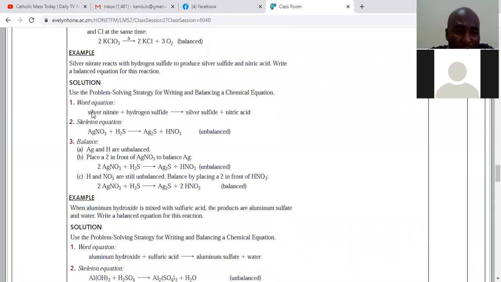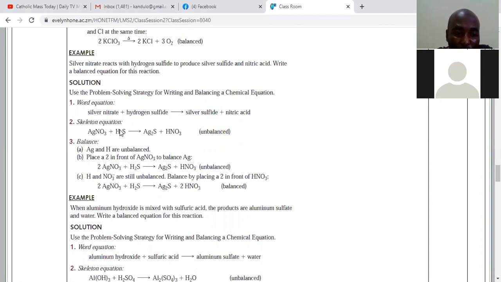So the next question, to balance silver nitrate and hydrogen sulfide. If gases, first you can even be given these two. This one is decomposition. That's this type of reaction. Then this one is double displacement. Why? Because these ones are exchanging partners.